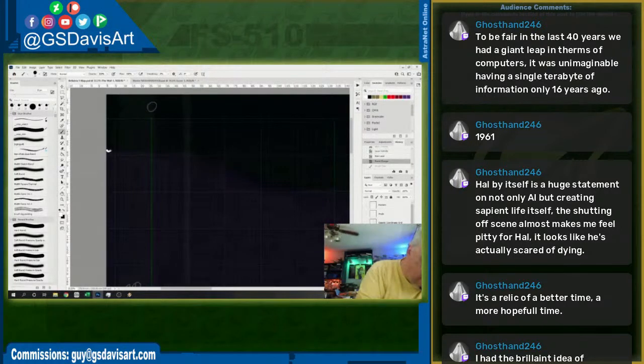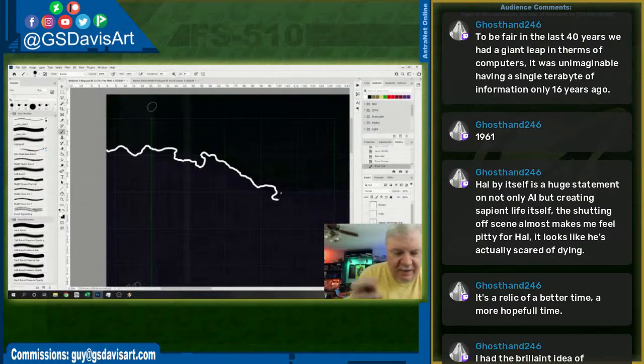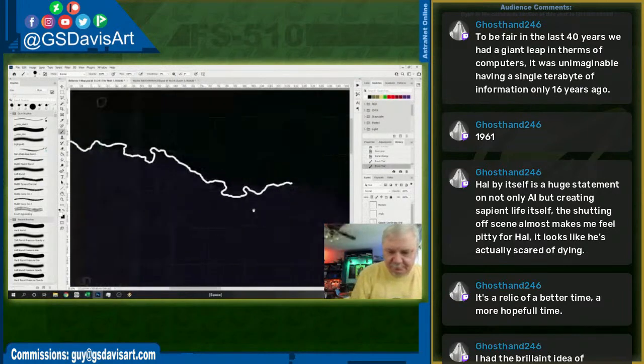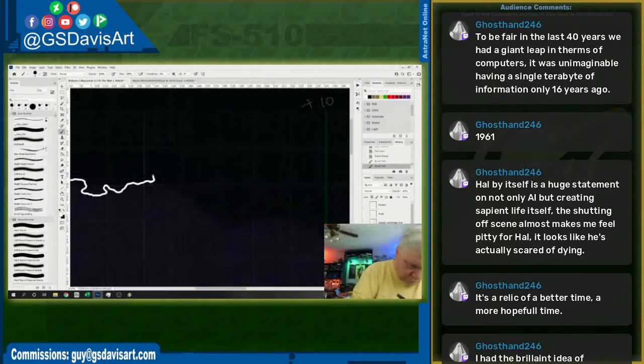So if we were to come in here and just do, and it's a cloud, so I'm going to form eddies and currents in it and make that kind of look like that in a way. So what we're doing here is just defining sort of the bottom of this wall. Like so.